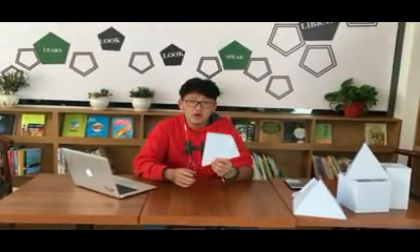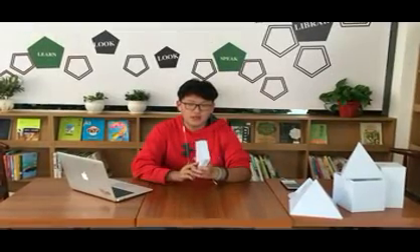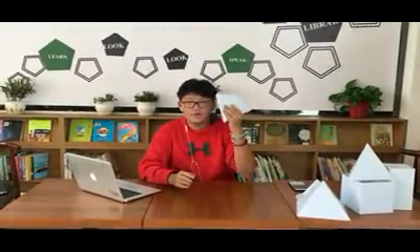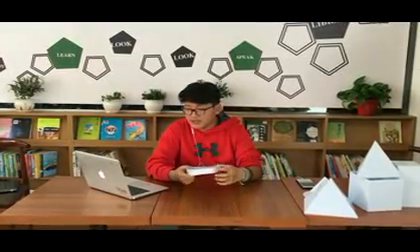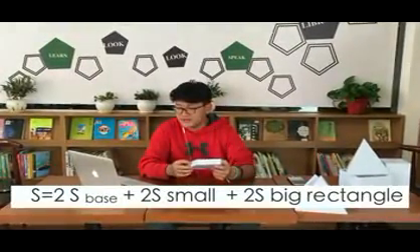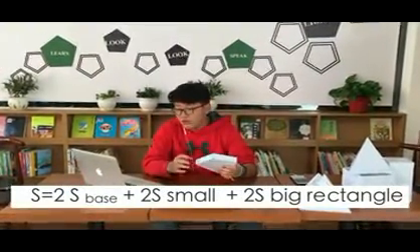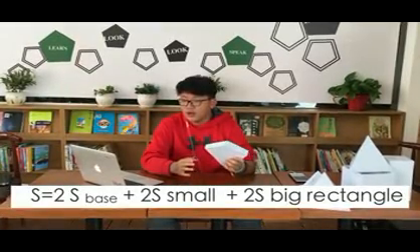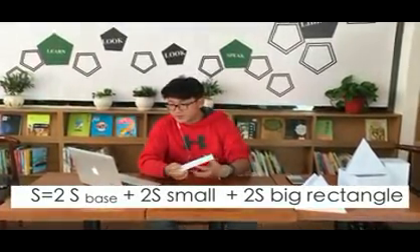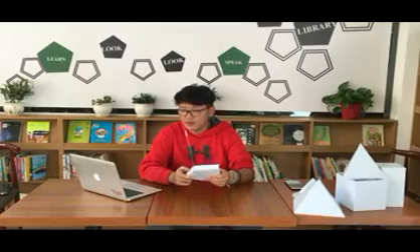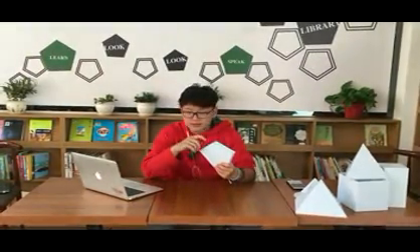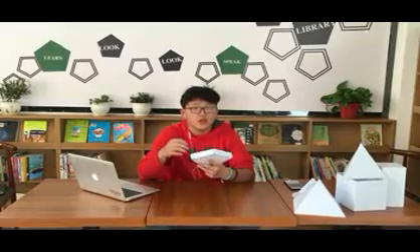And now we calculate the surface area of this kite, and the kite surface area formula is 2 base areas and 2 small rectangle areas and 2 big rectangle areas. The small rectangle area formula is A times B, and A is the width, B is the length.